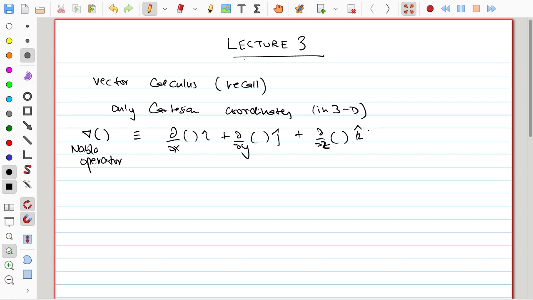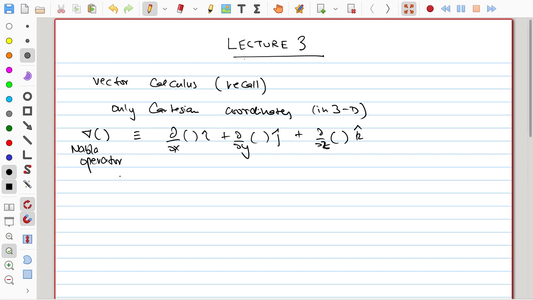It's a vector operator. Unlike our understanding pre-vector calculus times, operators can also be vectors. So if you put a quantity here, it will give you a vector quantity back. Typically we put scalars into this operator, but you can also put vectors. But for that, if we require that, we'll discuss it. Otherwise, we'll assume that you only put a scalar into it.